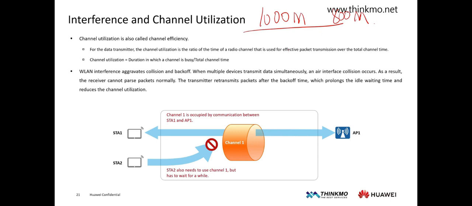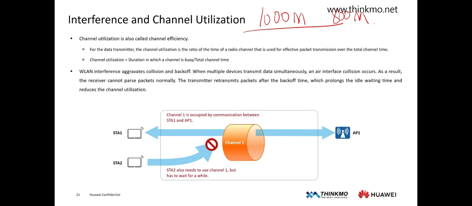In other words, channel utilization focuses on time, not data volume. It is calculated by dividing the time occupied by effectively transmitted data during the transmission cycle by the total time of the cycle. So it focuses on the network's time utilization rate, not the bandwidth utilization rate.